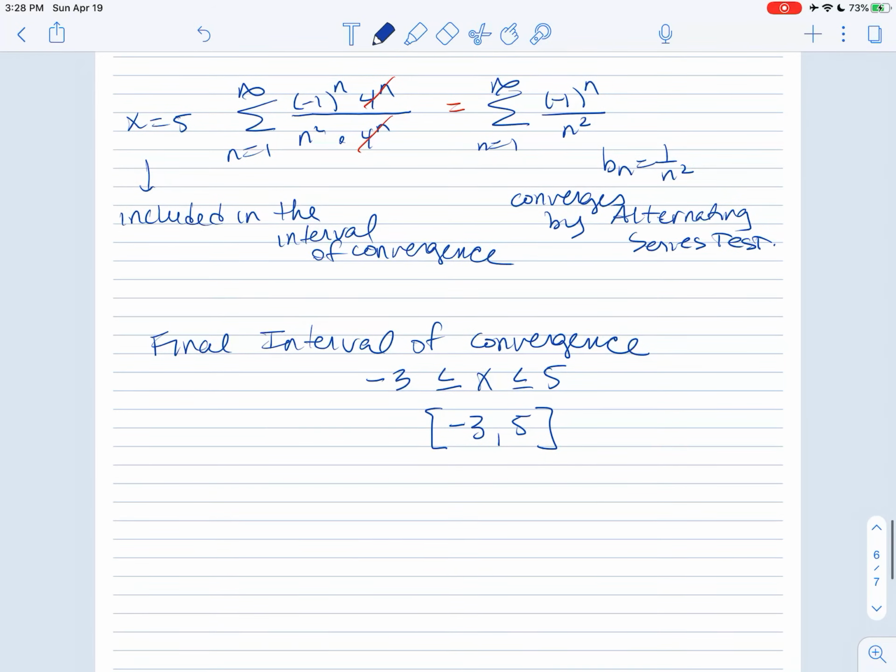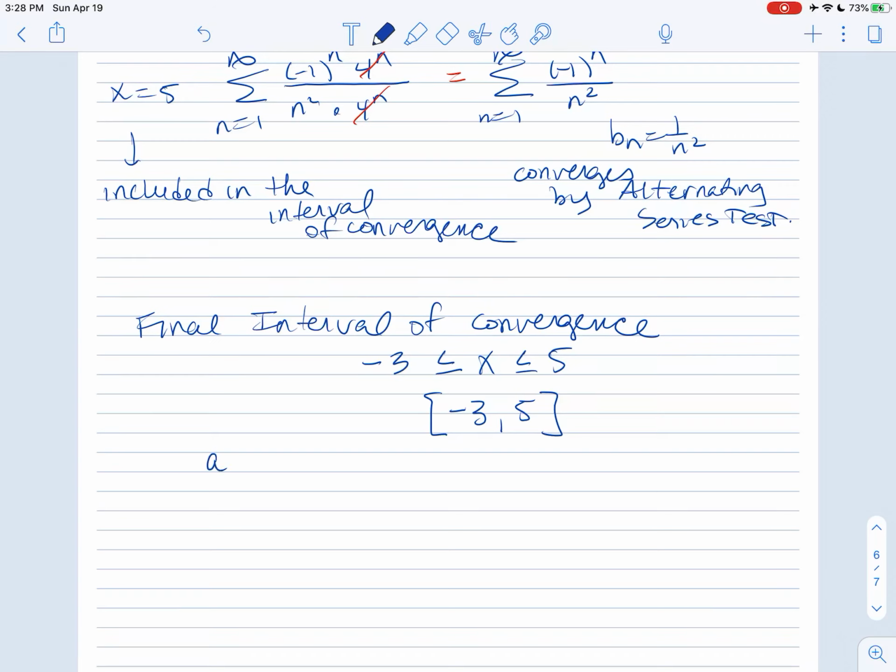Okay, so when x is in that range, and note here with our a equal to 1 and our radius of convergence equal to 4, notice that if I went 1, that's my a equal to 1, if I went plus 4, 1 plus 4 would give me 5, and in the other direction, 1 minus 4 is going to give me -3. So you see that in your power series, x minus a to the n, your a is actually going to be in the center of that interval.